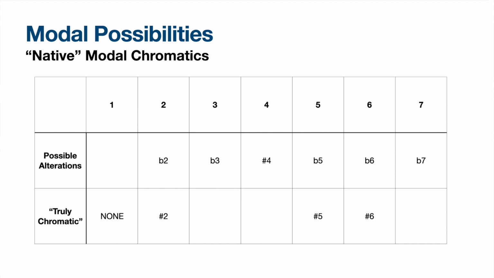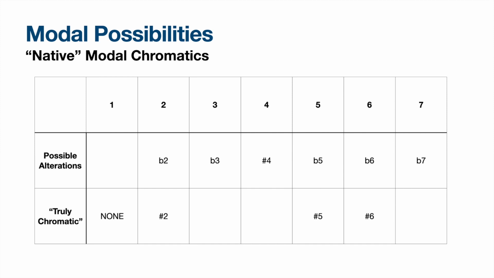Now that is a functioning chord that has those. So if your harmonic analysis includes sharp 2, sharp 5, sharp 6, you know it is not from a mode. Okay, so this is sort of your cheat sheet.